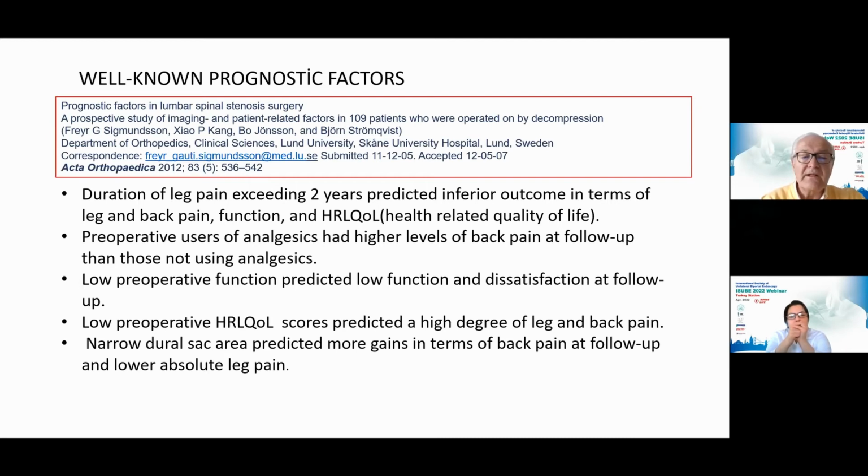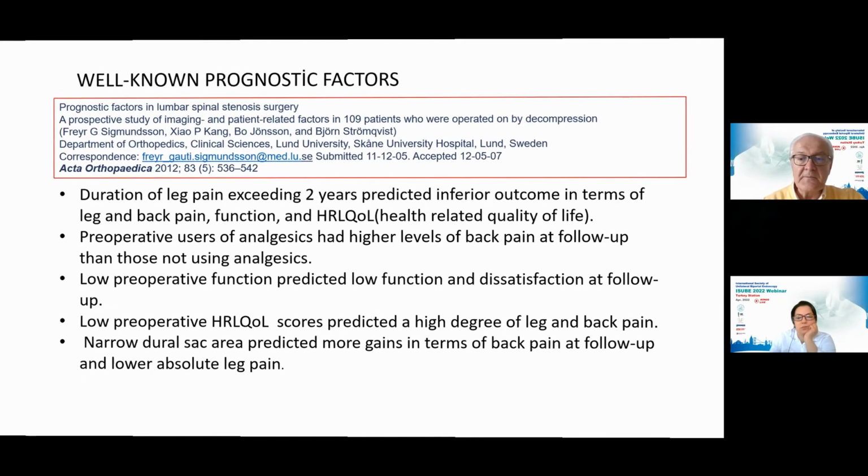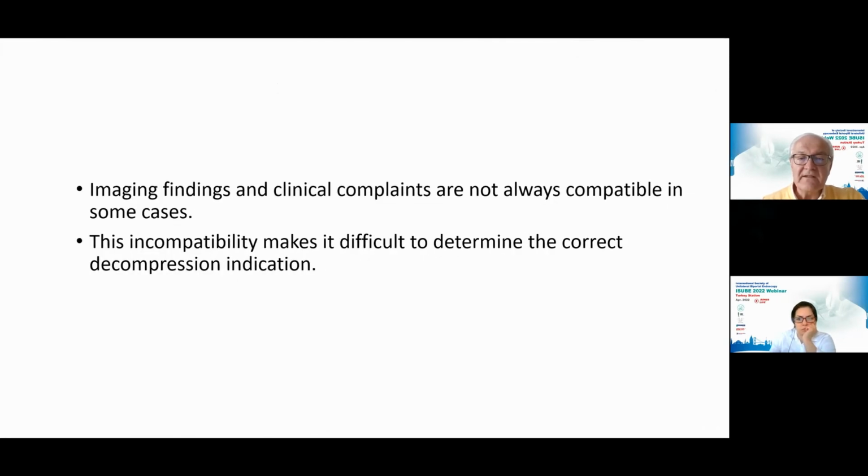Low preoperative health-related quality of life scores predicted a high degree of leg and back pain. Narrow dural sac area predicted more gains in terms of back pain at follow-up and lower absolute leg pain. So the imaging findings and clinical complaints are not always compatible in some cases.